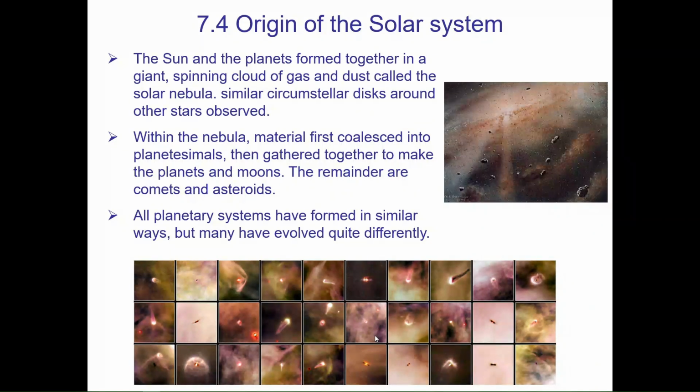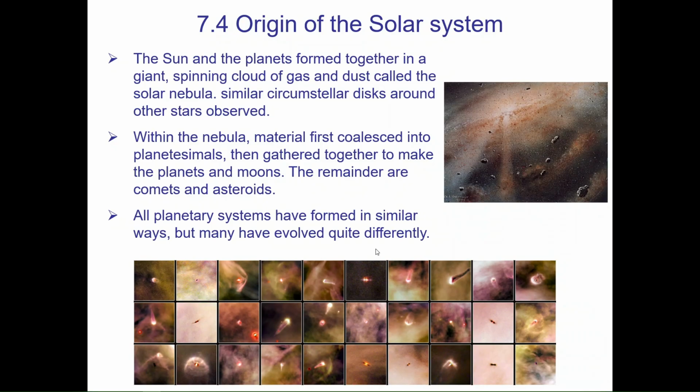And we believe that might be due to a more random process of impact and collision in the early solar system stage. So we believe this collision period, which happened mostly randomly, makes the planetary systems evolve quite differently.